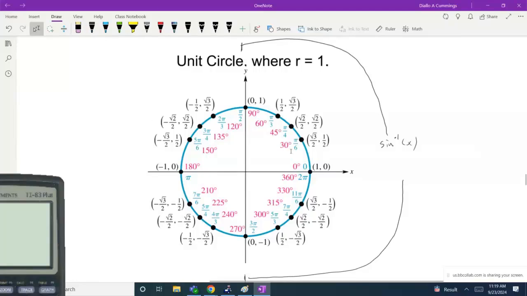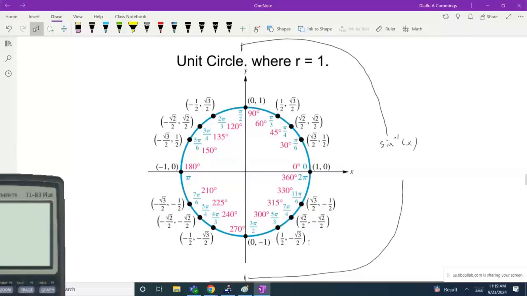So notice we do have positive angles. We have 0, well 0 is neither negative nor positive, but we have pi over 6, pi over 4, pi over 3, and we have pi over 2, which is 90 degrees.